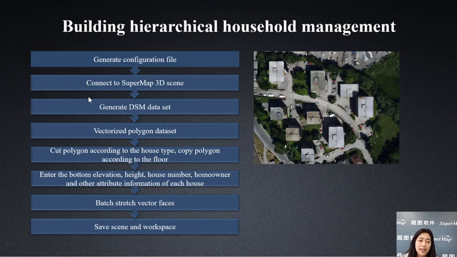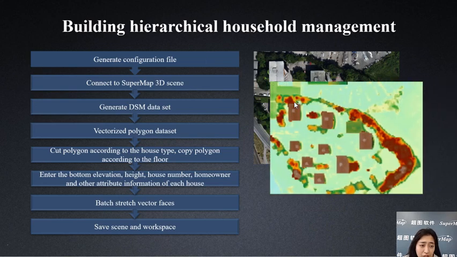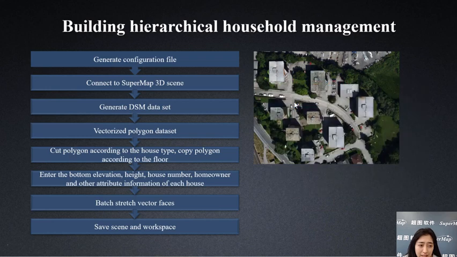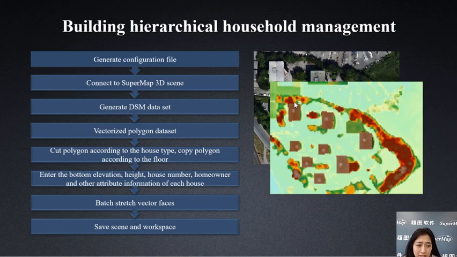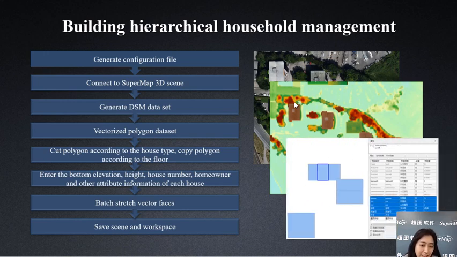So let's look at the process of how to build the hierarchical household management. First, we take the OSGB file and generate the configuration file, and connect to the 3D scene, and then generate the DSM dataset and vectorize the polygon dataset.